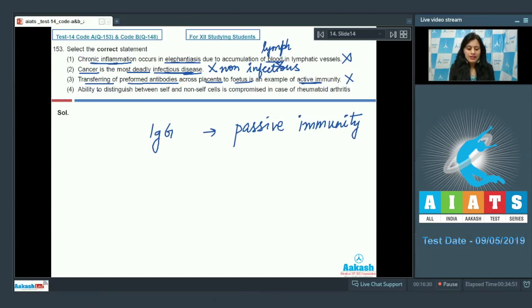The last statement given is ability to distinguish between self and non-self cells is compromised in case of rheumatoid arthritis.